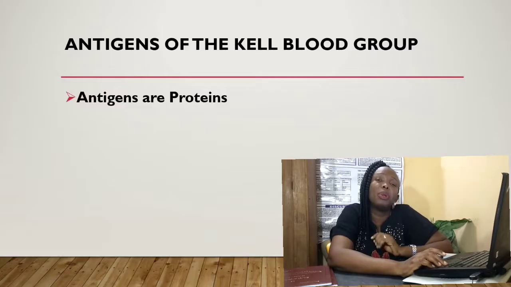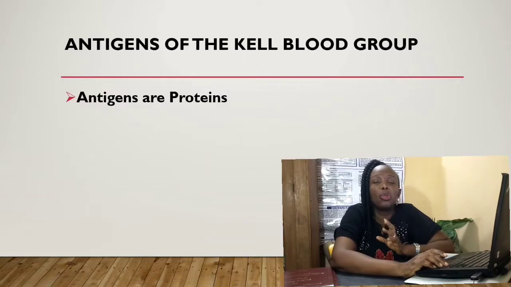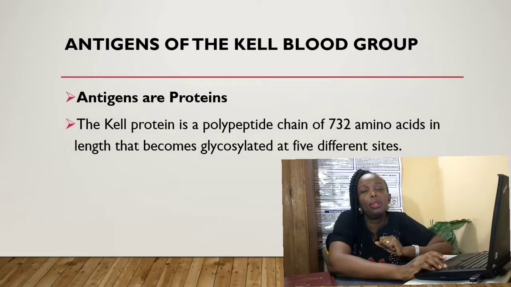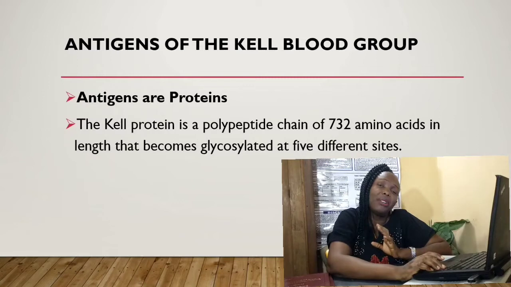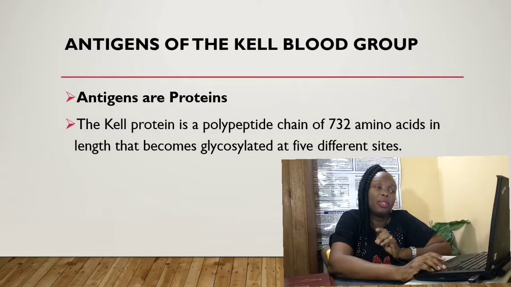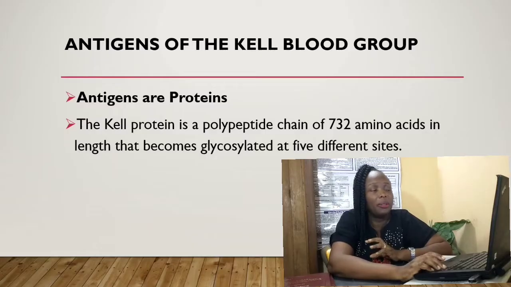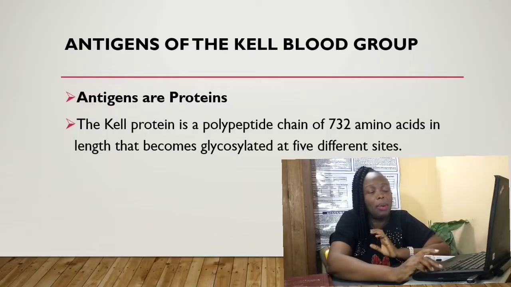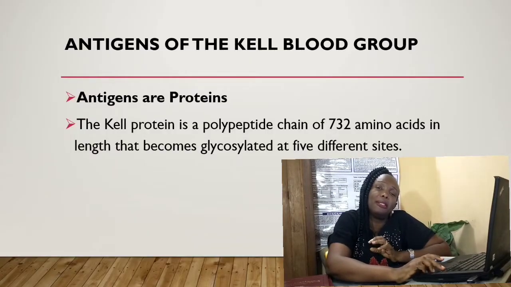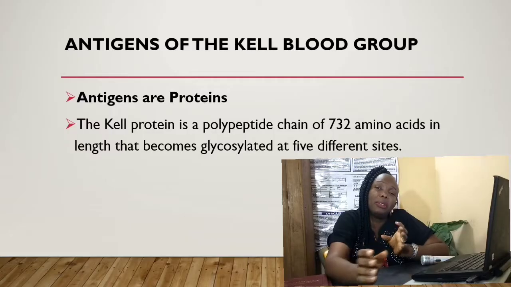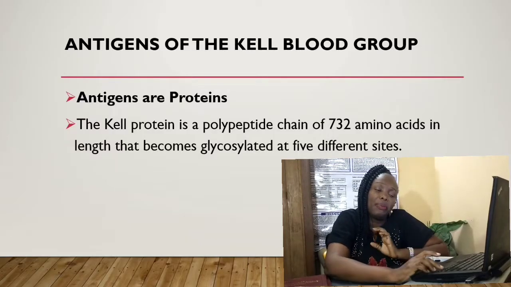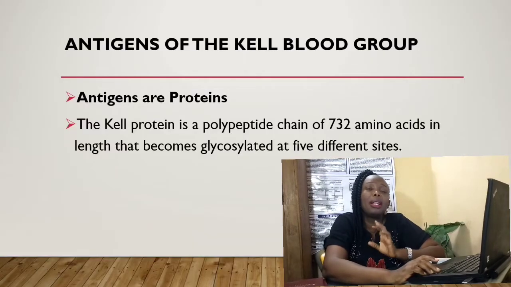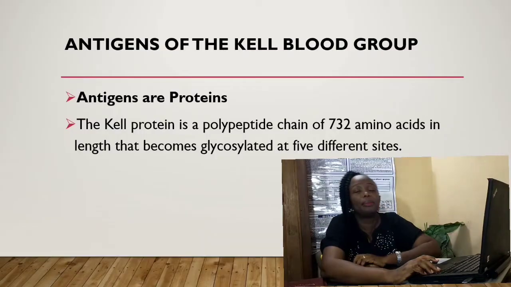Just as we discussed when we were treating the Rh blood group system, the Kell antigens are proteins, just like the antigens of the Rh blood group system. The polypeptide chain that makes up this protein has about 732 amino acids, and it is glycosylated at about 5 different sites.